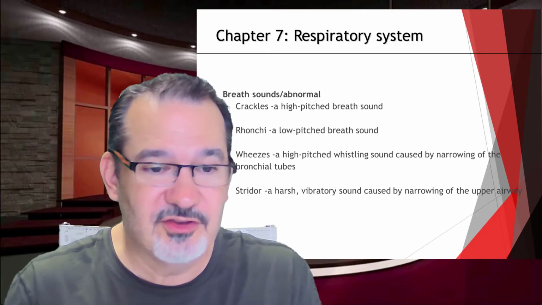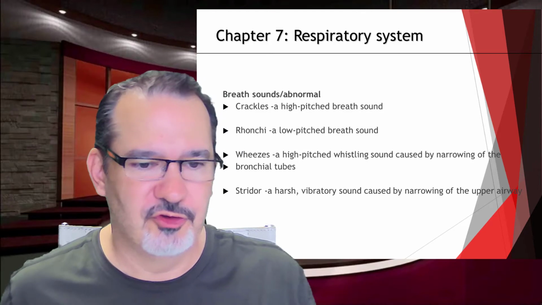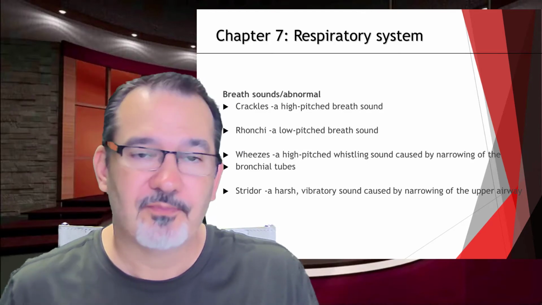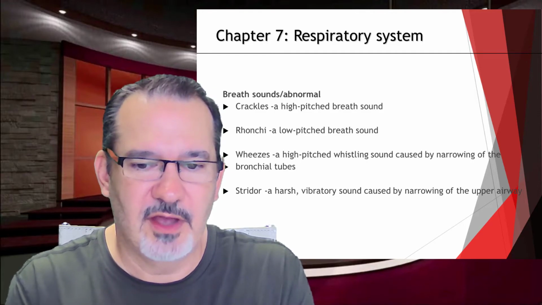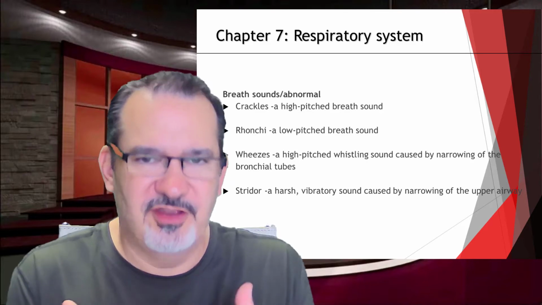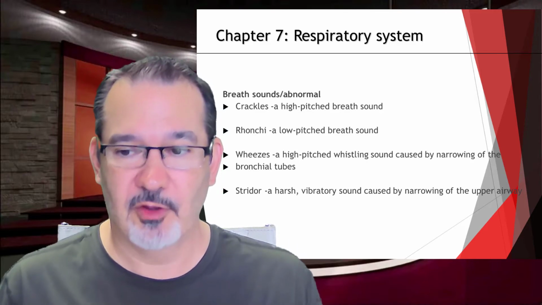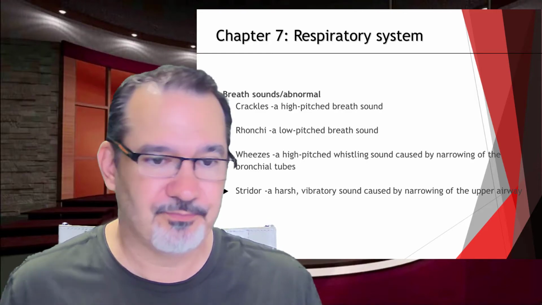Okay, wheezes, high-pitched whistling sound, which is caused by a narrowing of the bronchial tubes, and then stridor is a harsh vibratory sound caused by the narrowing of the upper airway. So a harsh sound, and it's typically on inspiration. Okay. So stridor usually happens when we're taking a breath in.